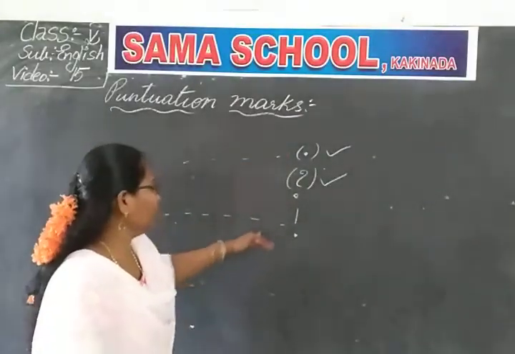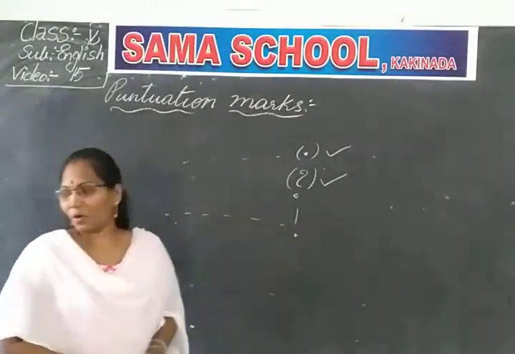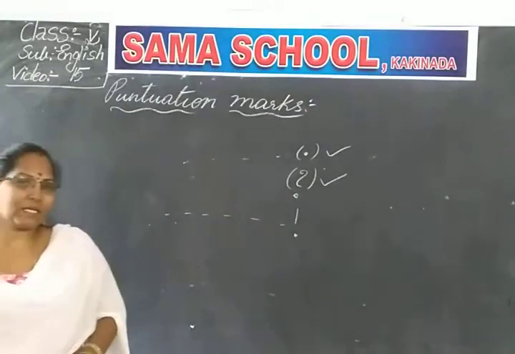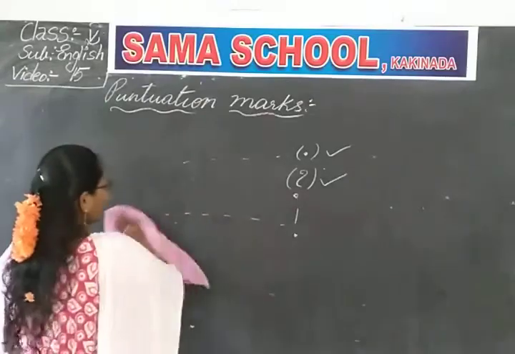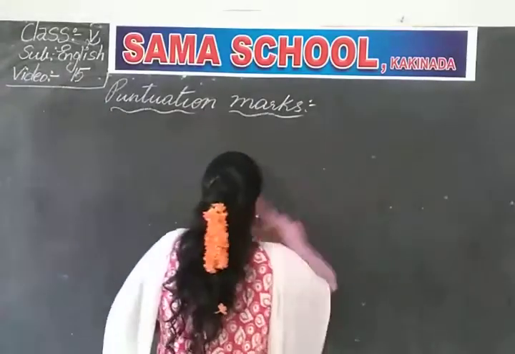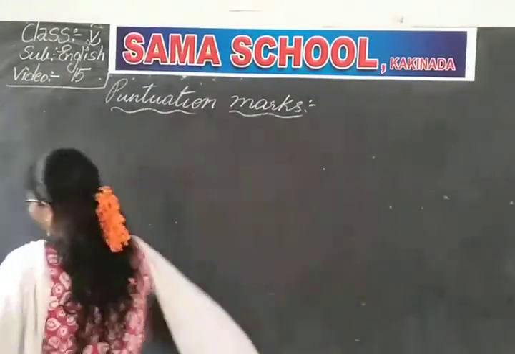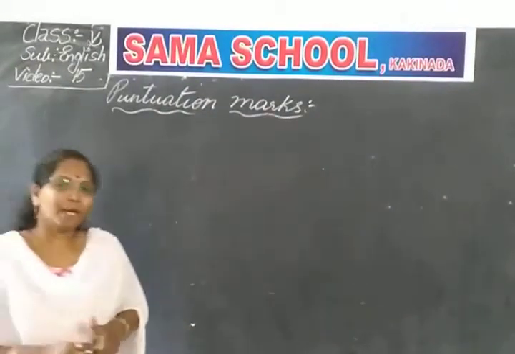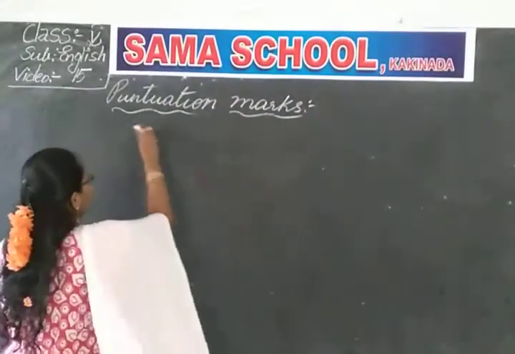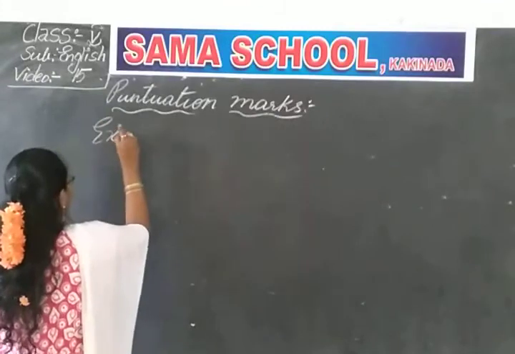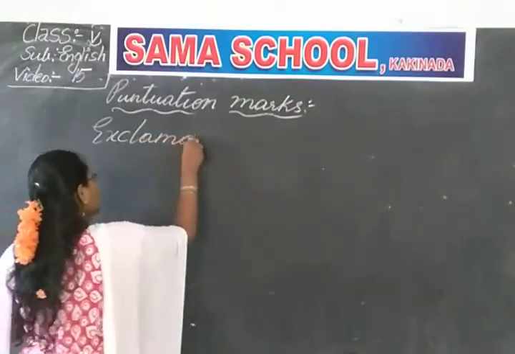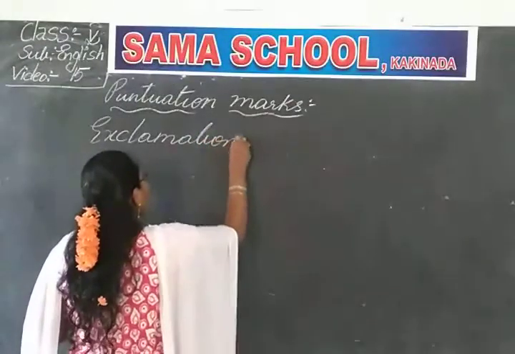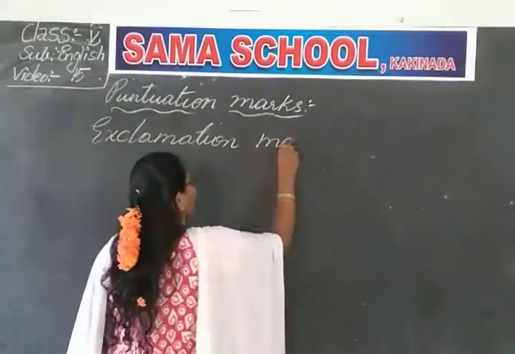Now let me come to the exclamatory mark. Already I have started about the exclamatory mark in your previous video. I told you about punctuation marks like the exclamation mark.